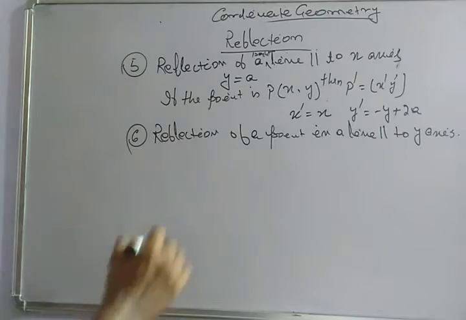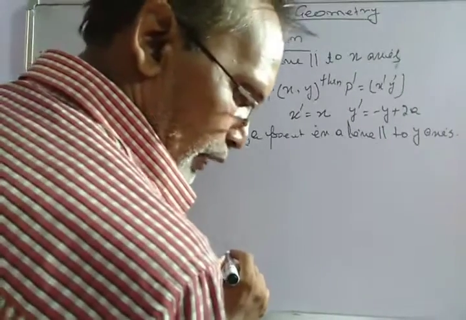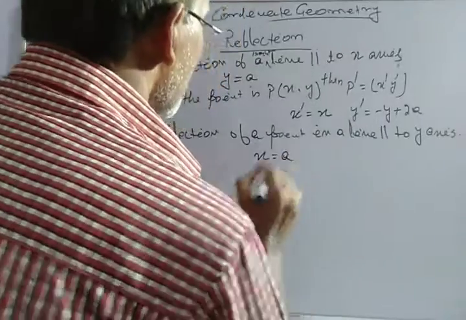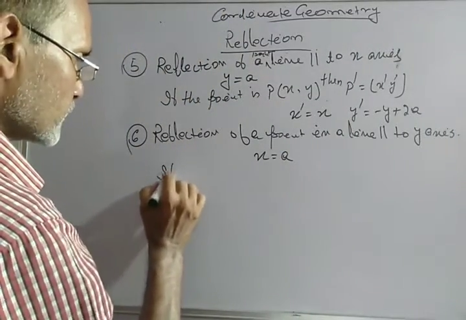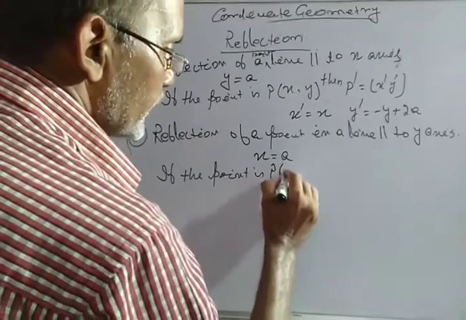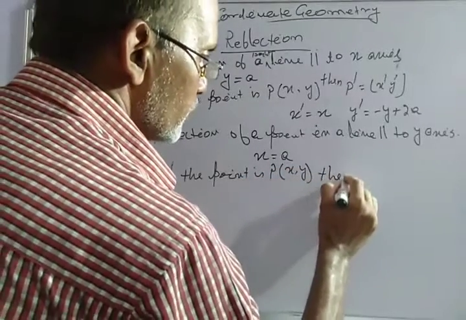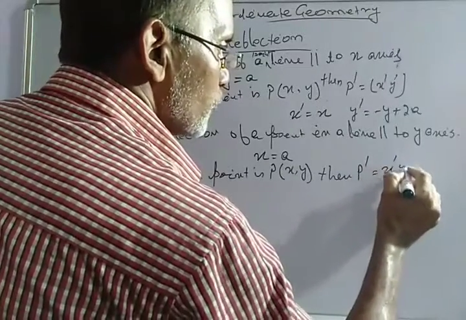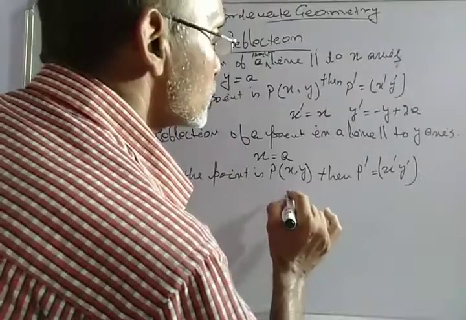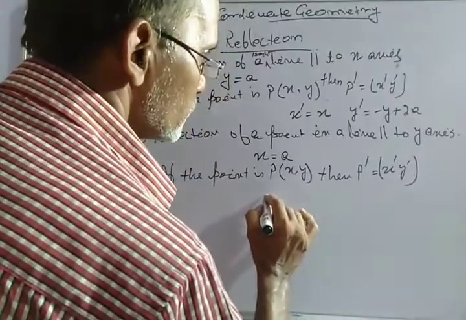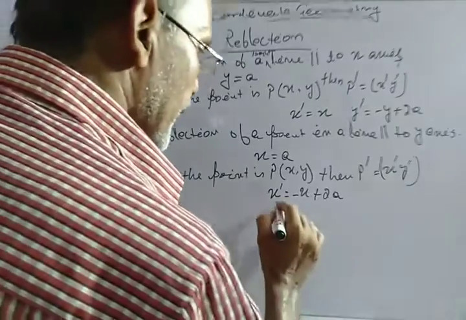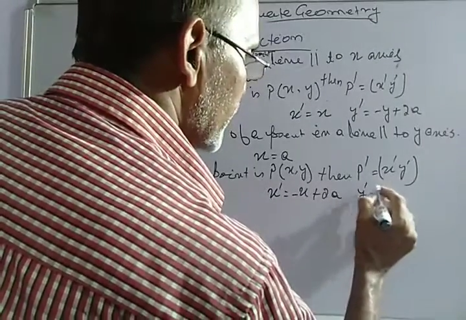That means if the line is x equals a, and the point is P(x, y), then P dash is (x dash, y dash), where x dash is equal to minus x plus 2a, and y dash is equal to y.